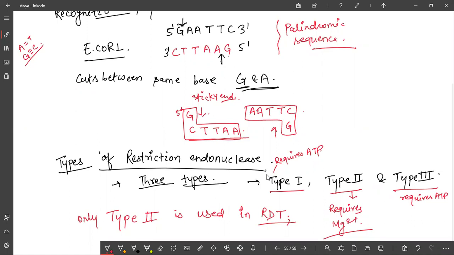Same here. Type 1 and type 3 require ATP, but type 2 does not. So which enzyme is used to cut the DNA? Type 2. So this is all about restriction endonuclease.